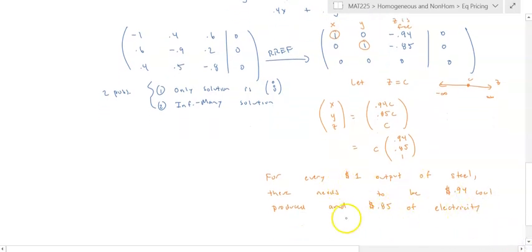And for what? Well, to keep equilibrium prices.